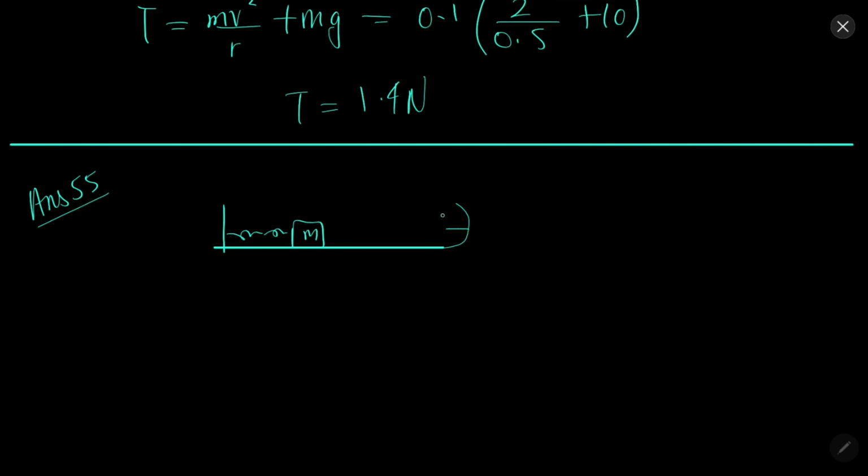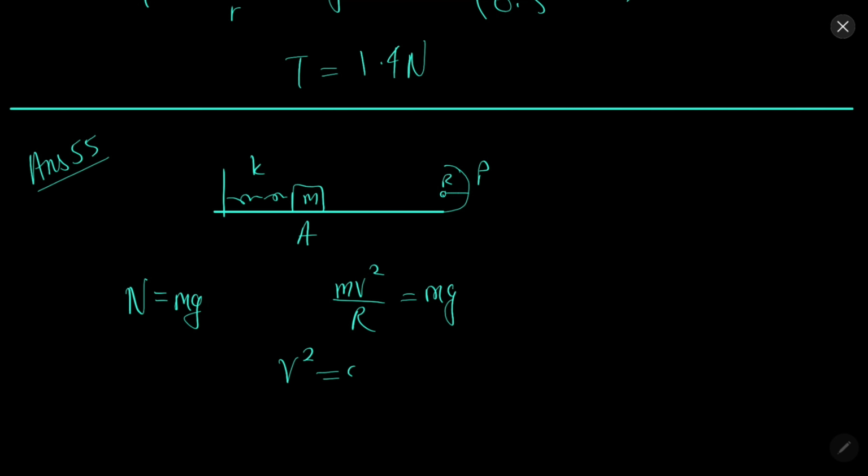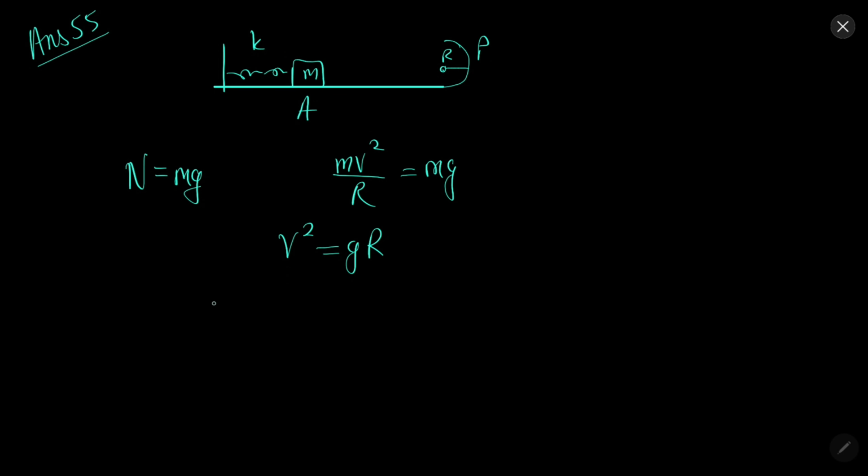This situation is given to us, radius is R. So the normal force N is equal to mg. We know that mv square over R will be equal to mg. So v square will be equal to gR.